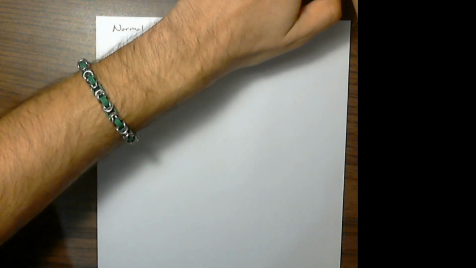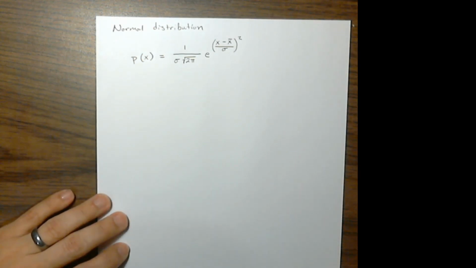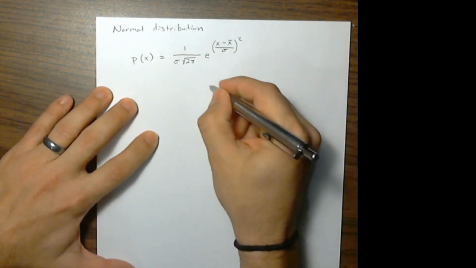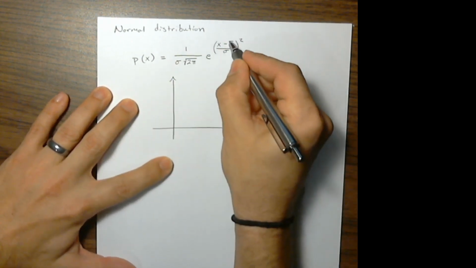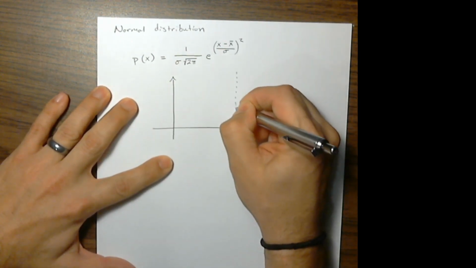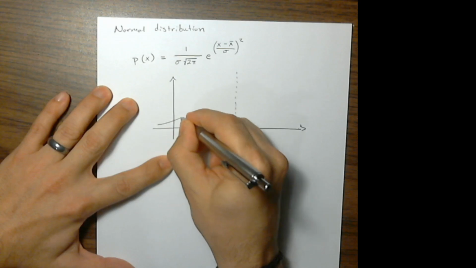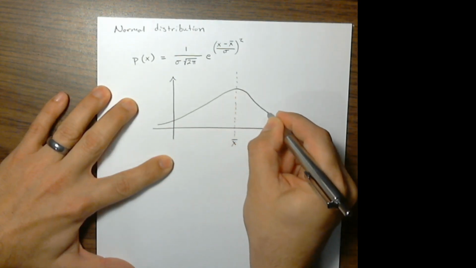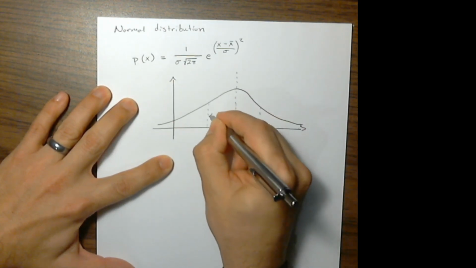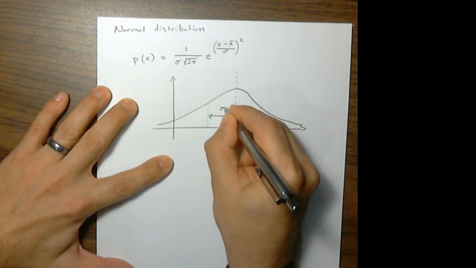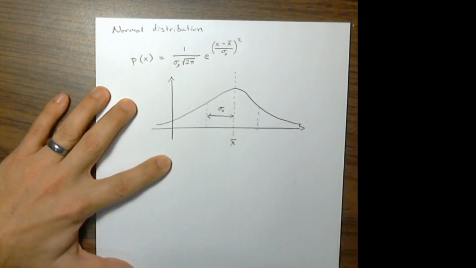Now, that shape is centered around what you will recognize as the mean and has a width. Let me add a subscript of x just to emphasize that's on x.